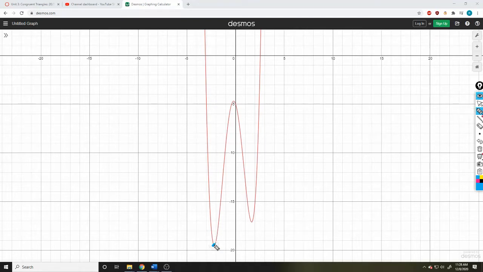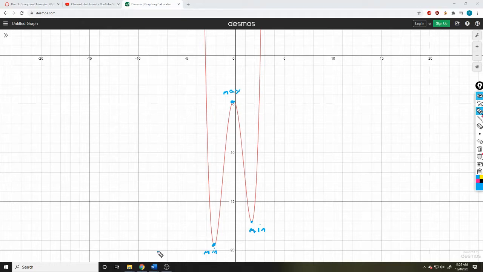I've got a minimum down here. I've got a maximum happening up here, and then I have another minimum happening down here. Now, you'll notice that this minimum, since the rest of the graph goes up from here, is the lowest point of the entire graph.